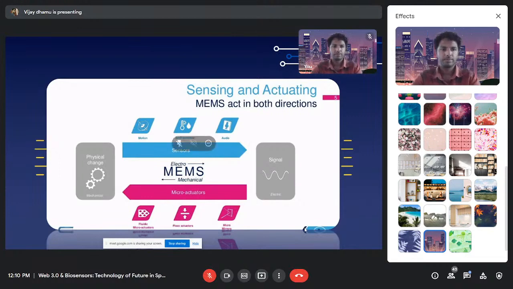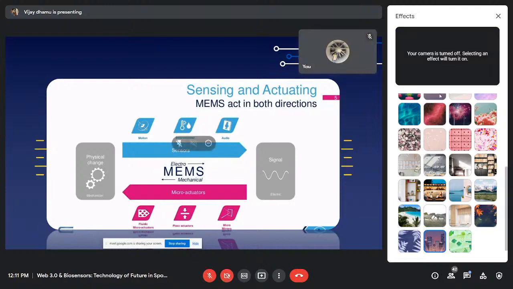MEMS is used in motion detection, in environment, in audio detection. Audio detection is, for example, your mobile phone receiving a call, a sound from your friend far away, and also sending your voice from your phone to your friend. That is what audio means.